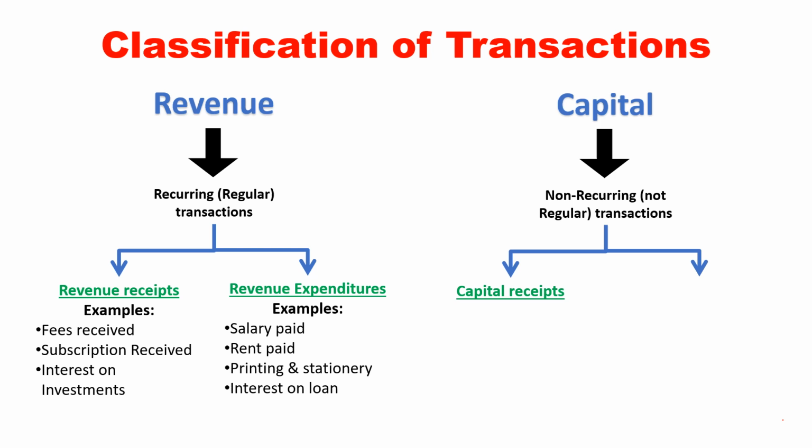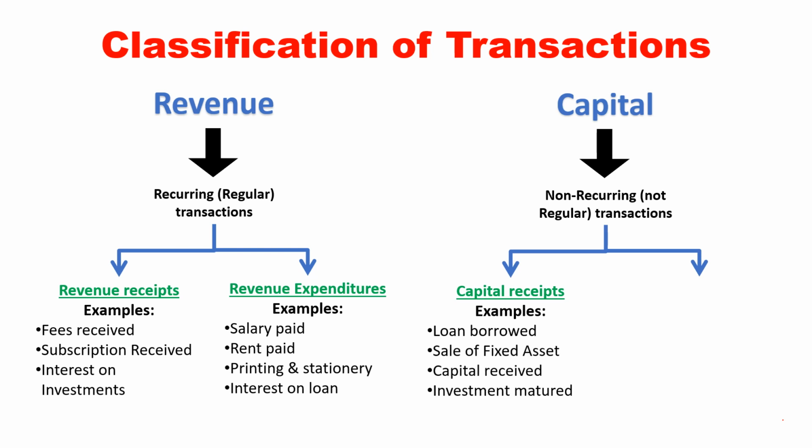Capital transactions can be classified as capital receipts and capital expenditure. Examples of capital receipts are loan borrowed, sale of fixed asset, capital received, investment matured. For example, if any fixed deposit is matured and the amount is received, such a receipt is called a capital receipt.